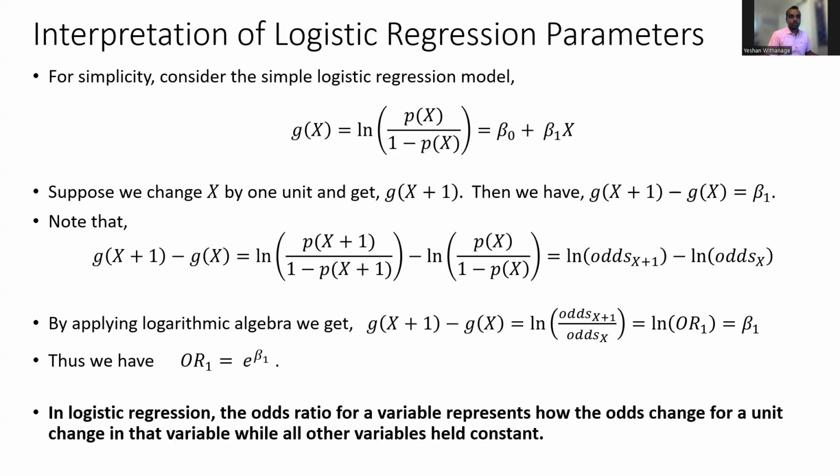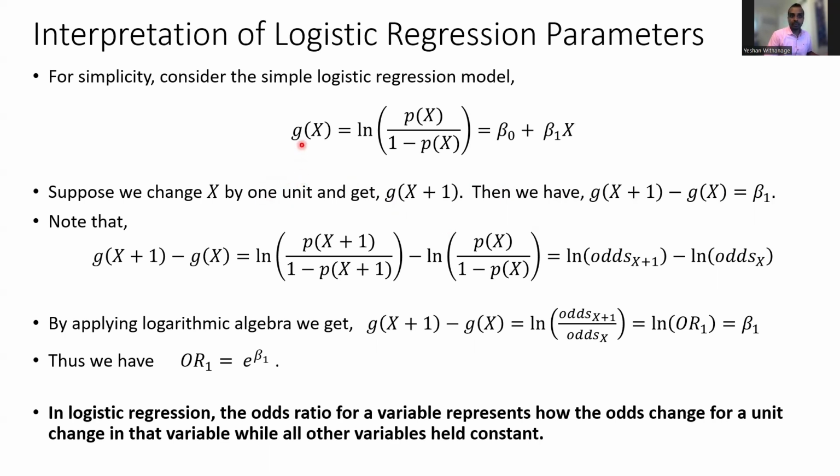Okay, so now we went through the basic probability ideas: what the odds and the odds ratio are, and how to interpret the odds ratio. Now let's see how we can interpret the coefficients of the logistic regression model. For simplicity, let's consider the simple logistic regression model.